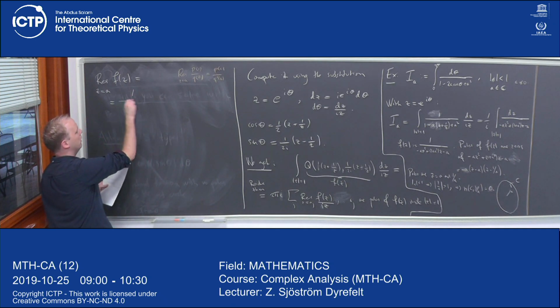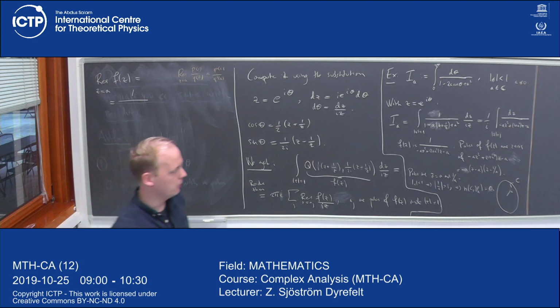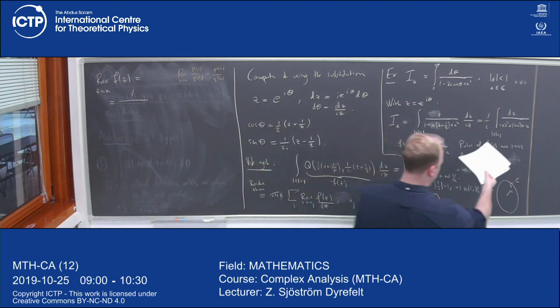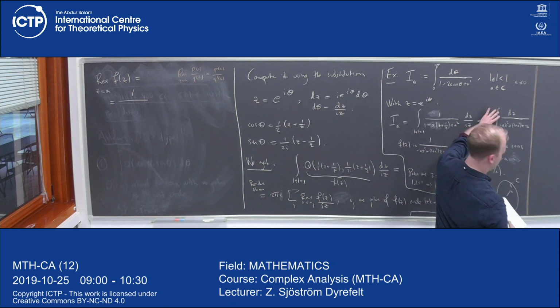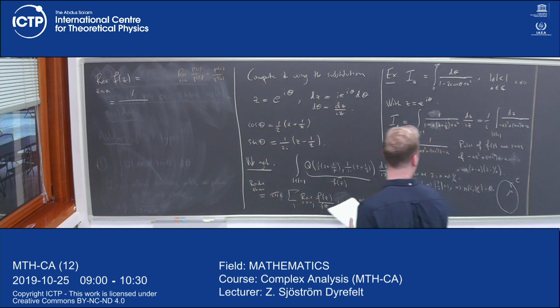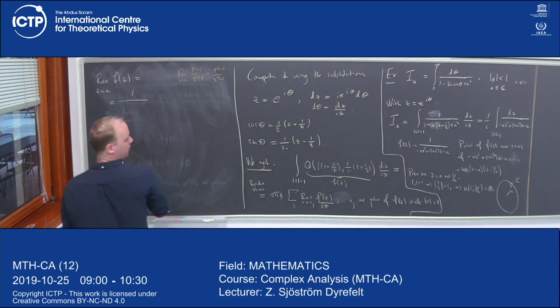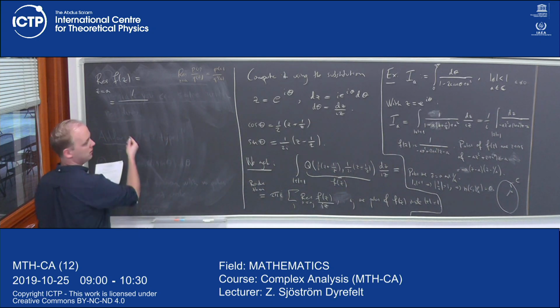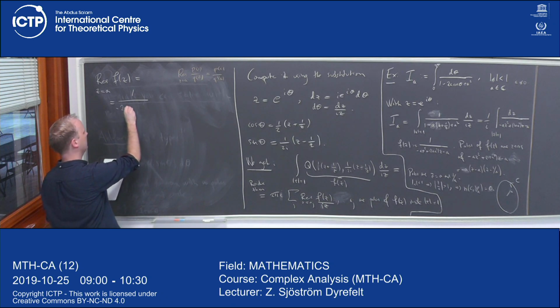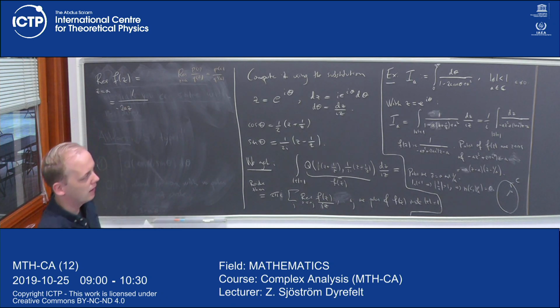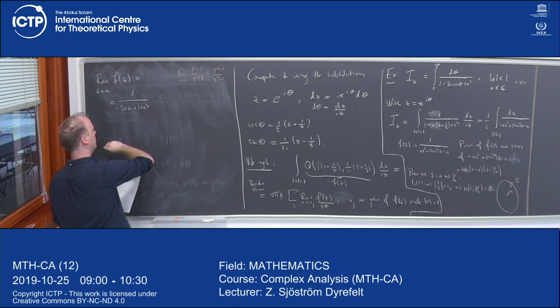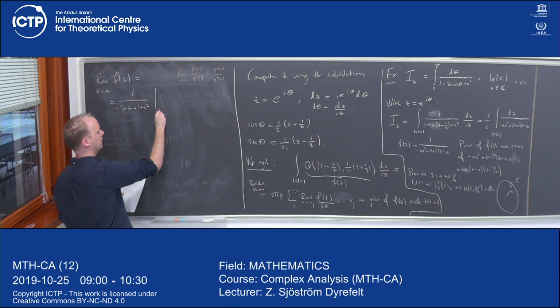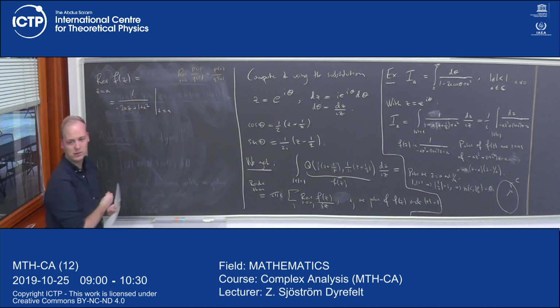So it's equal to 1 over the derivative of this thing. The 1 over i is outside, so we forget about this for now, but we should remember it later. So the derivative is minus 2az plus 1 plus a squared, and all of this evaluated at z equals a.